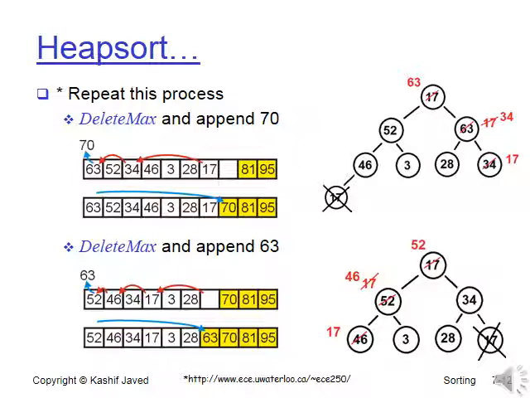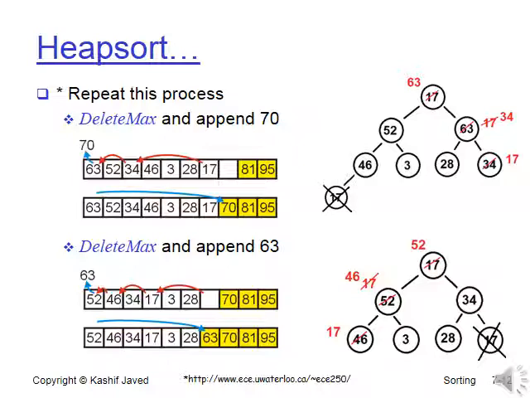Now 17 once at the root node will get swapped by number 63 since 63 is larger than 52. Number 17 once again will be swapped by number 34 since 34 is larger than 28.